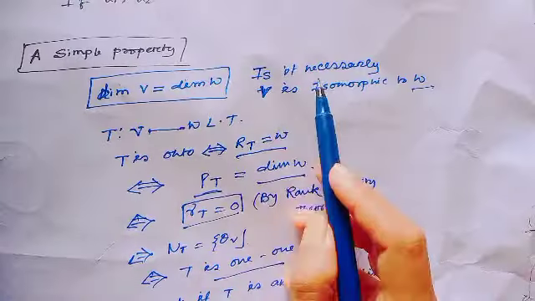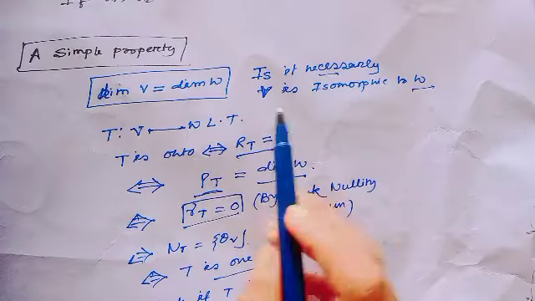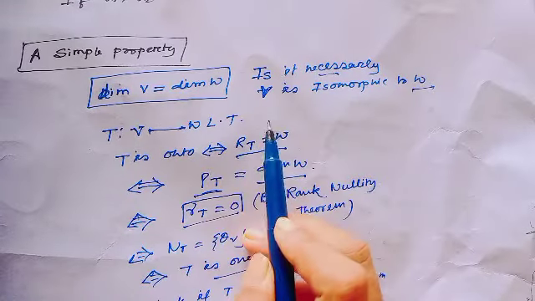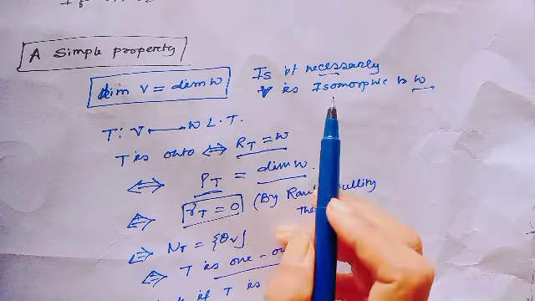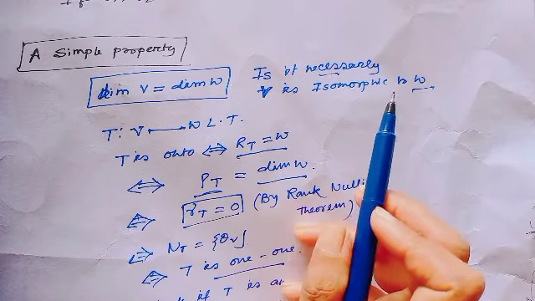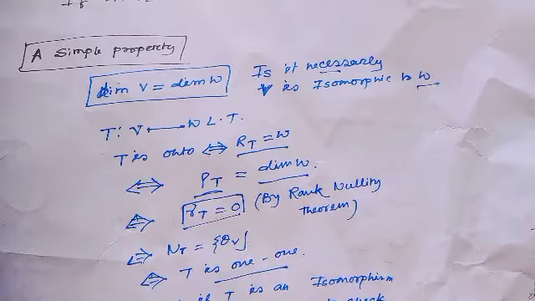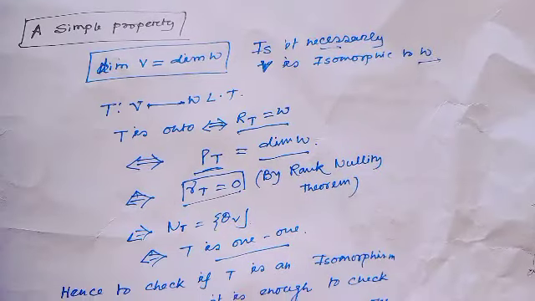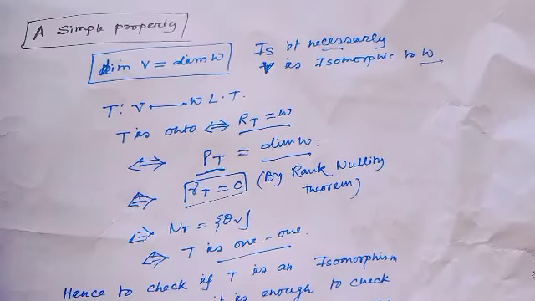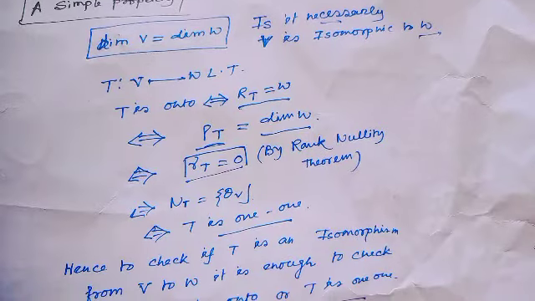So it is not a necessary condition: if the dimension of V equals the dimension of W, that does not always imply V is isomorphic to W. When T is one-one or onto, then we can tell these two vector spaces V and W are isomorphic to each other.